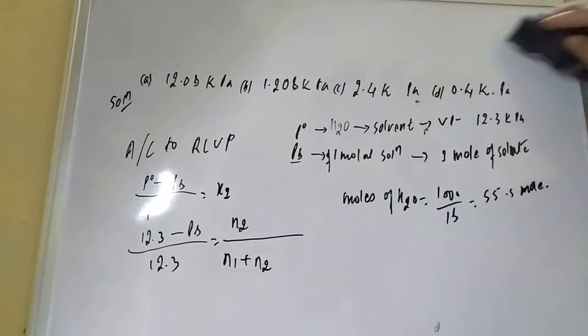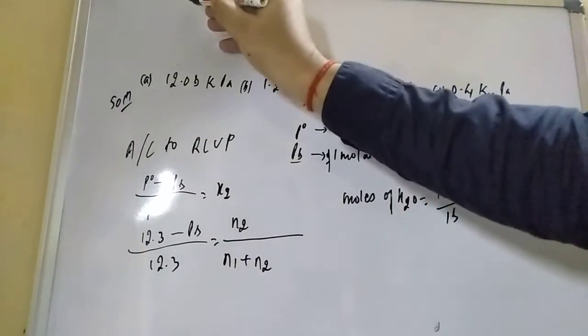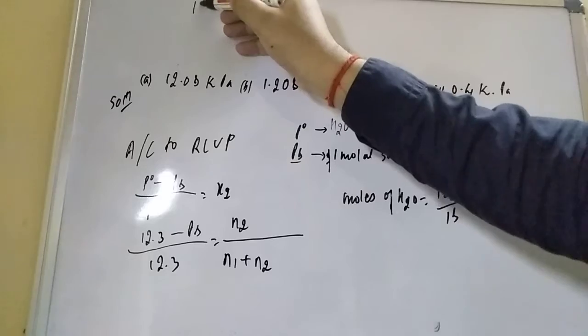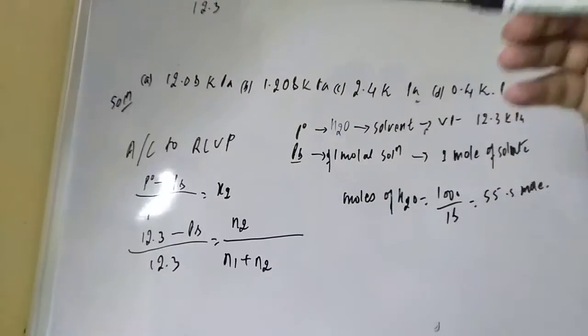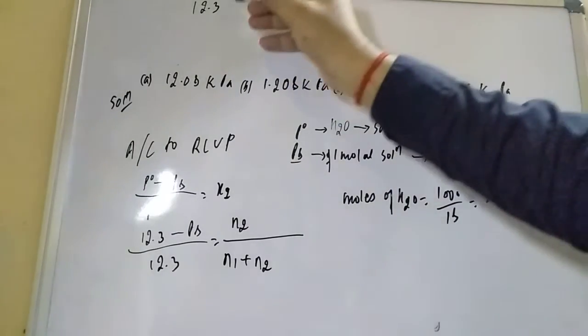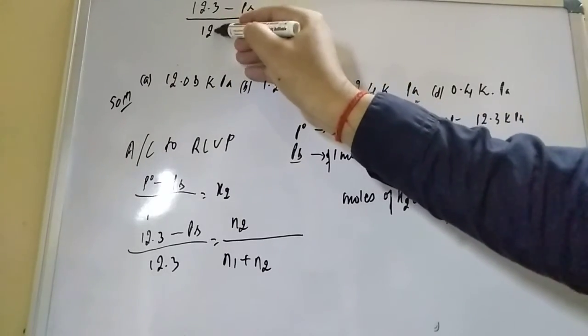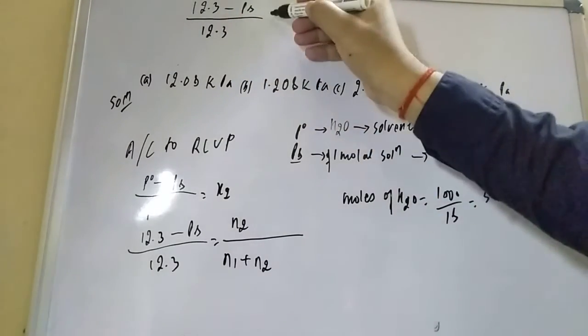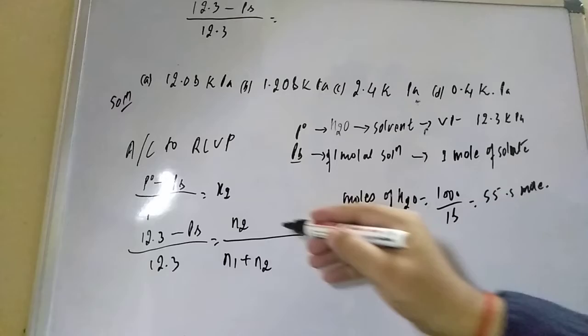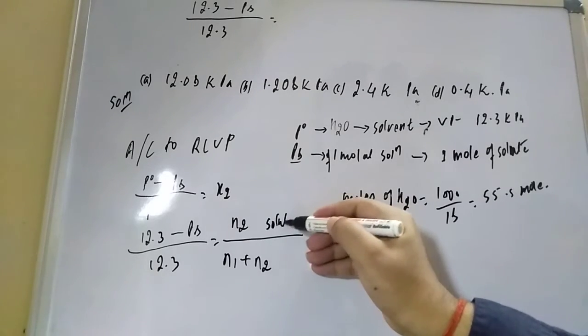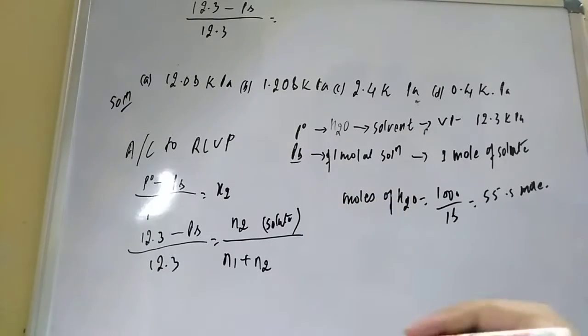So here, (12.3 minus Ps) divided by 12.3 equal to N2. N2 means solute, divided by solute plus solvent.